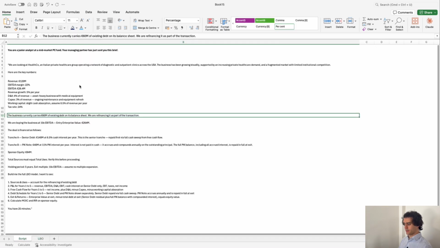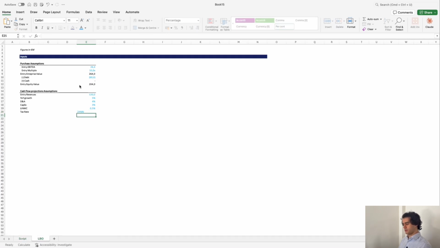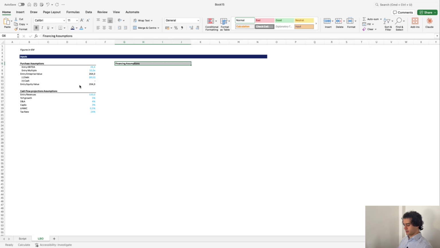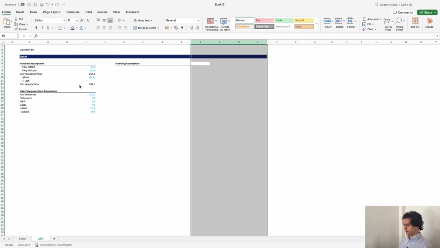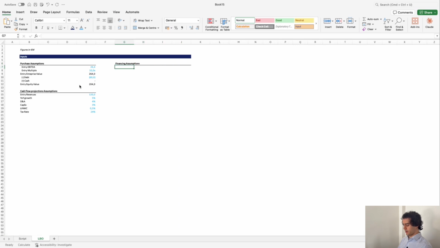And tax rate is 24%. Okay. Then let's go to our financing assumptions. So we know that we have our senior debt and our PIK.